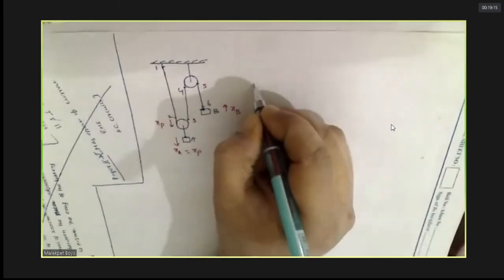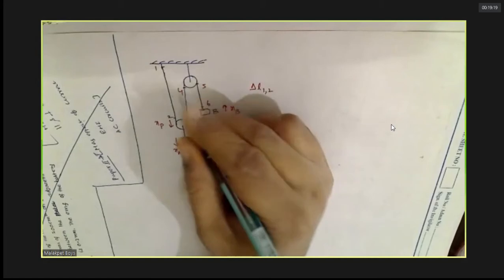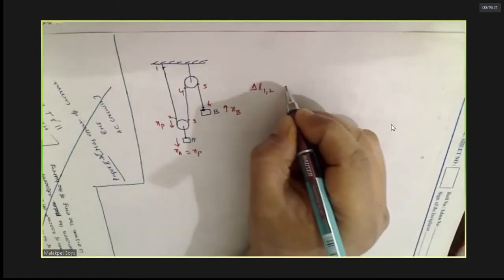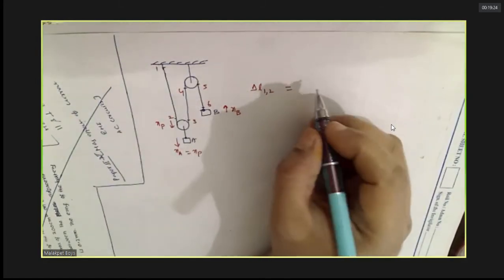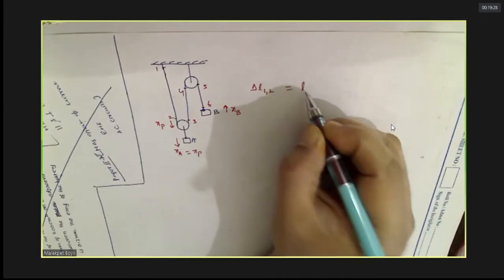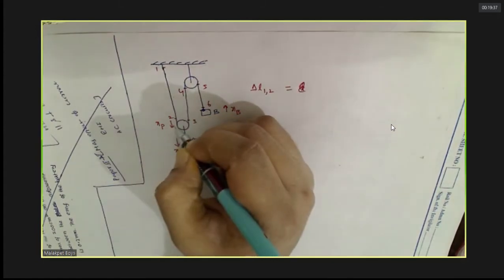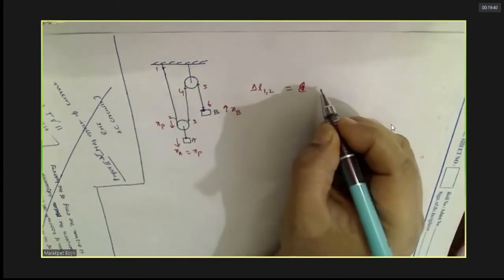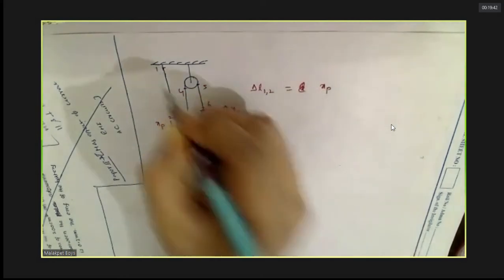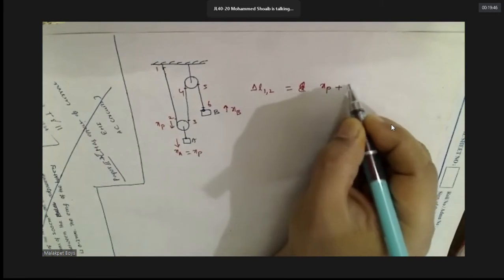See here, change in length of string 1 up to this part is how much? Originally, suppose this is some L0 or L1. Now this goes up, this goes down, or not? When this goes down, what do you have? XP. This is fixed, the 0. XP plus 1.